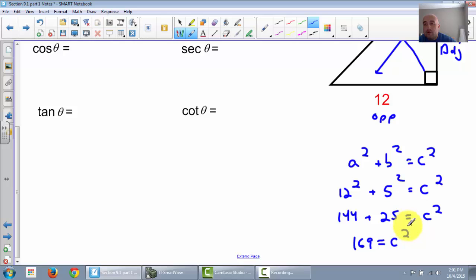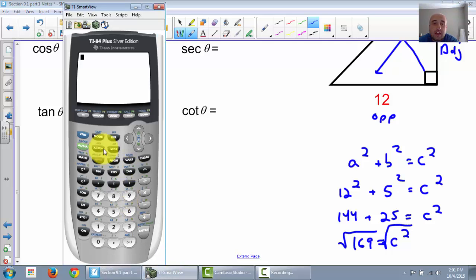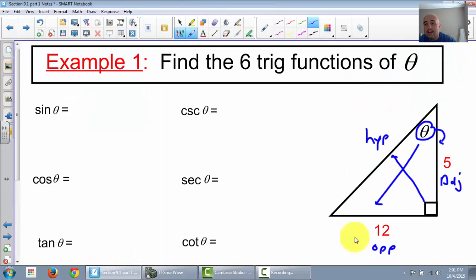Then to get c by itself, I take the square root of both sides. The square root of 169, you should know, but if you don't, we can go over to the calculator. Square root of 169 is 13. So our missing side is equal to 13.